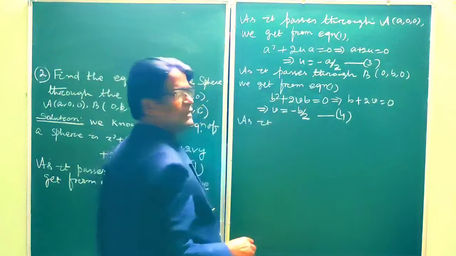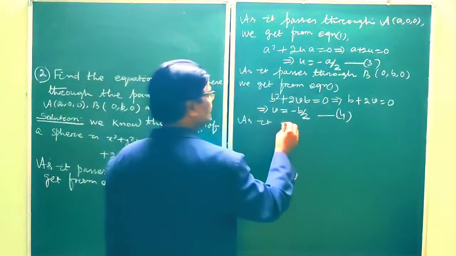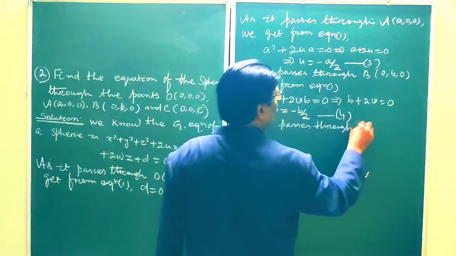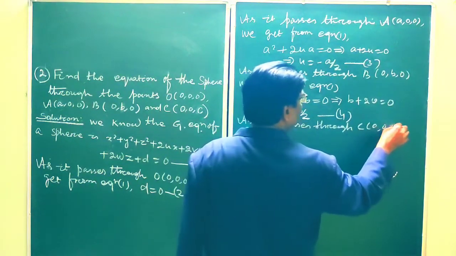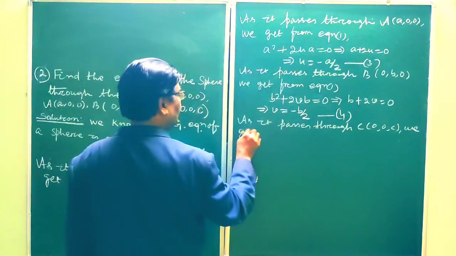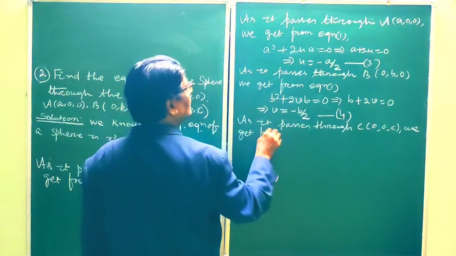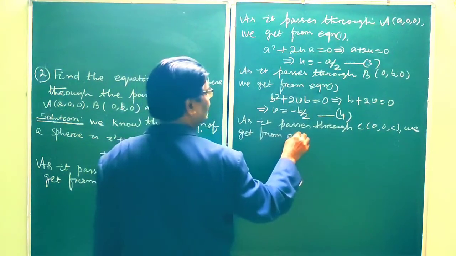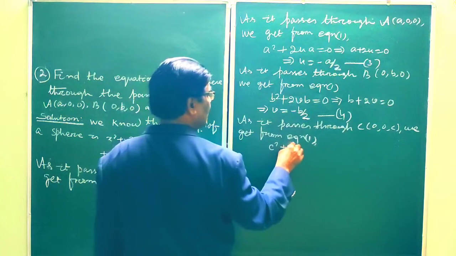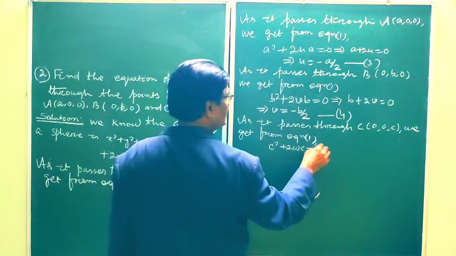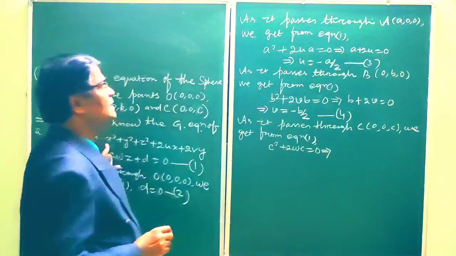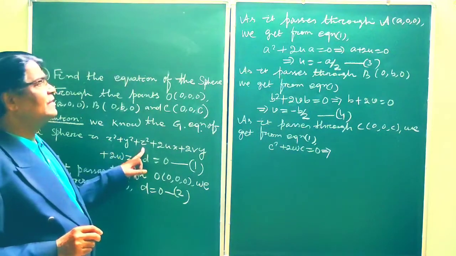Again, as it passes through C of 0, 0, c, we get from equation 1, c square plus 2wc is equal to 0, because we have to put x is equal to 0, y is equal to 0, z is equal to c.